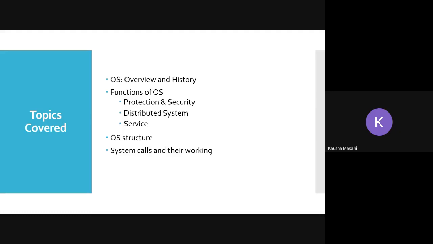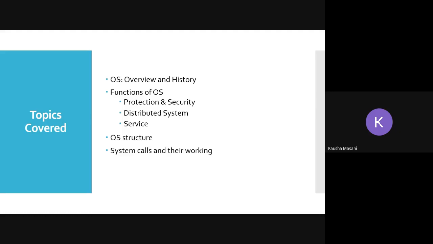Then at the end it is system calls and their workings: how OS is accessing your commands, how it is processing them, how hardware is working on those, and how you are getting your output back. So system calls and their working is the last topic. So these are the topics covered in this chapter.